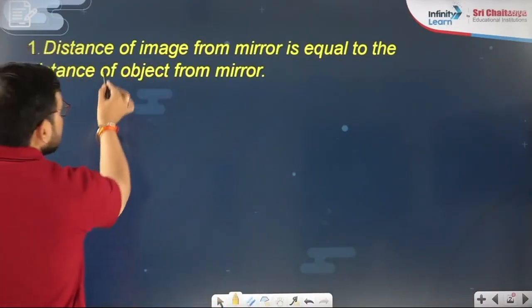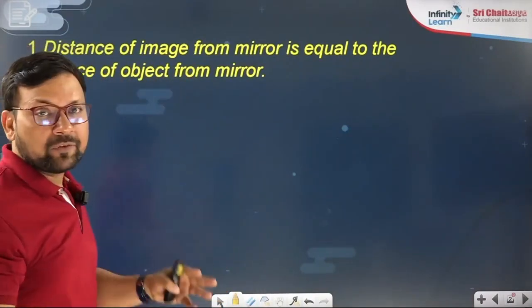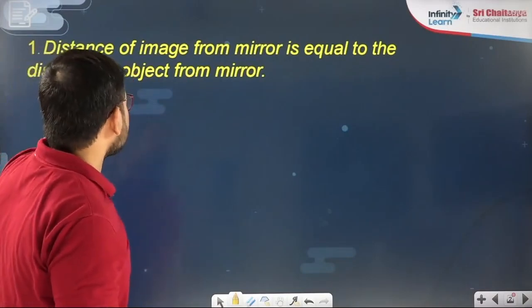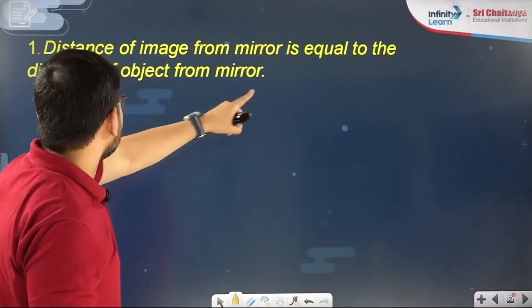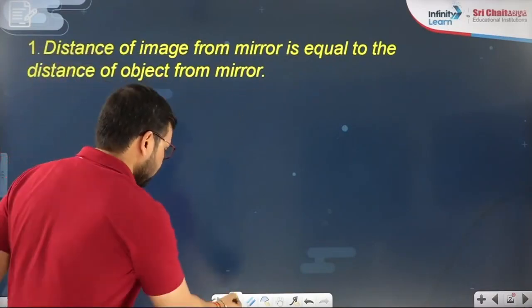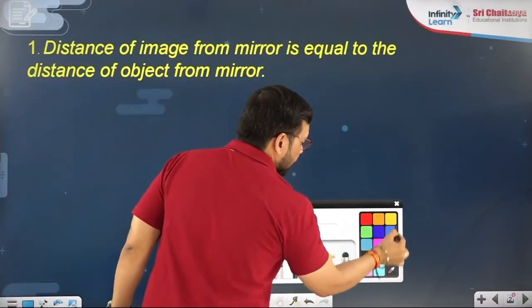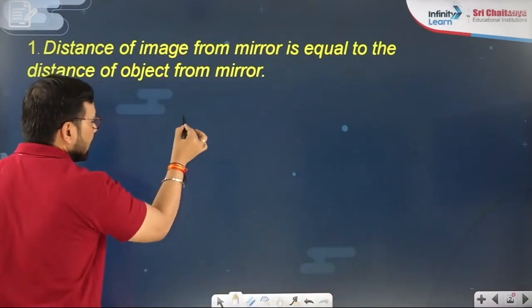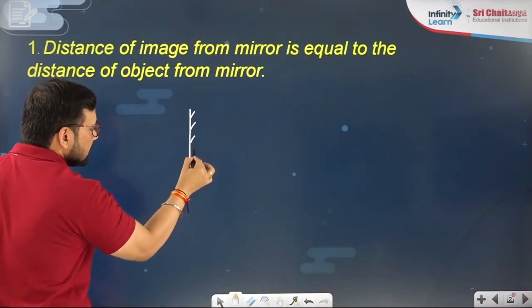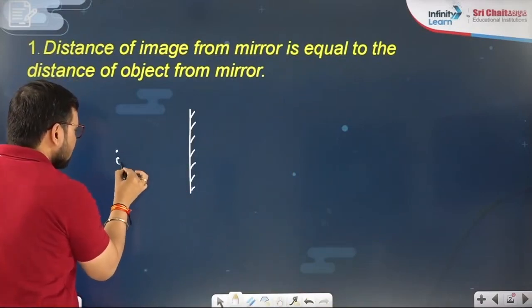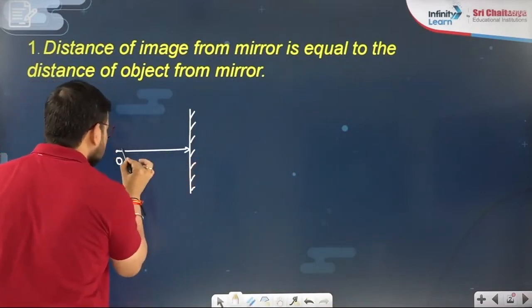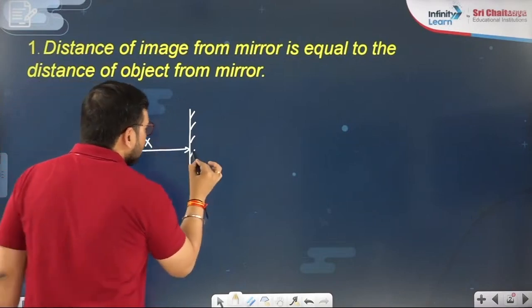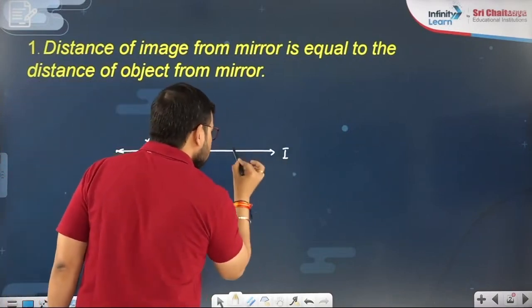See this, everyone. What happens in plane mirror reflection? Note this point. Distance of image from mirror is equal to the distance of object from mirror. It means when we have a plane surface reflection, this is the plane surface, and here is the object. Object is at a distance, let's say x. So the image will also be at the same distance x.